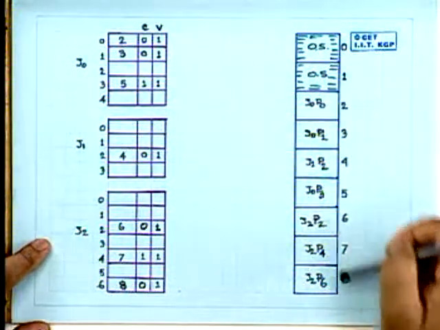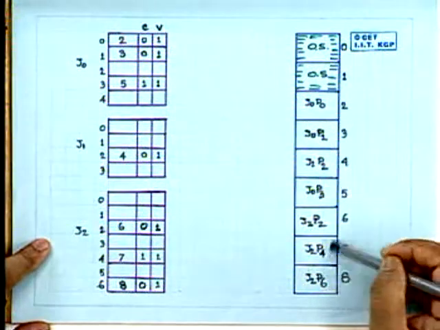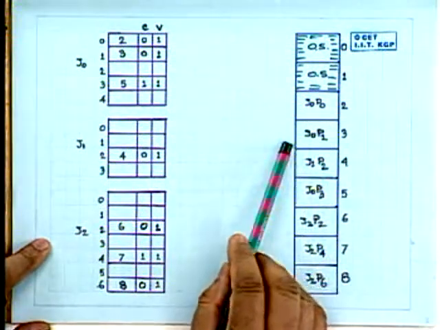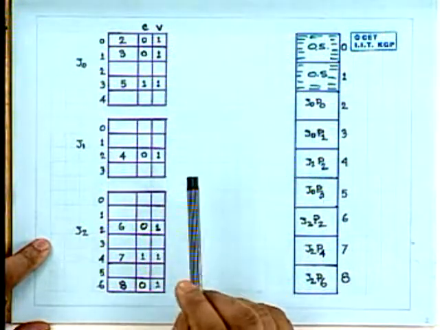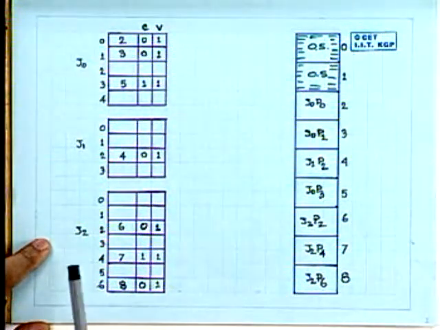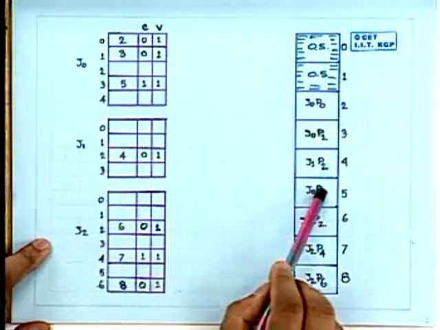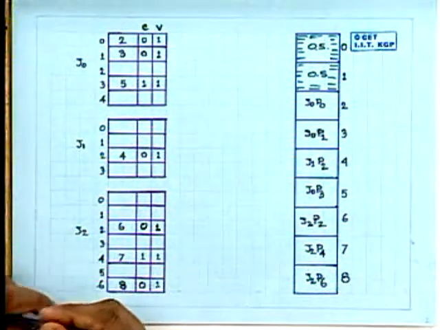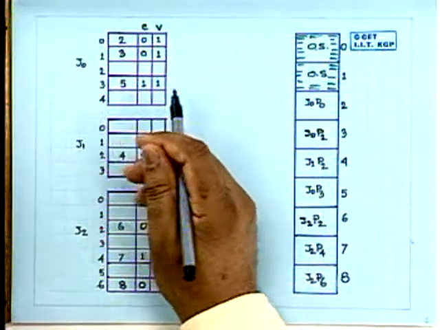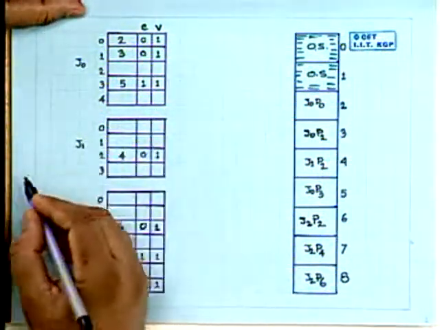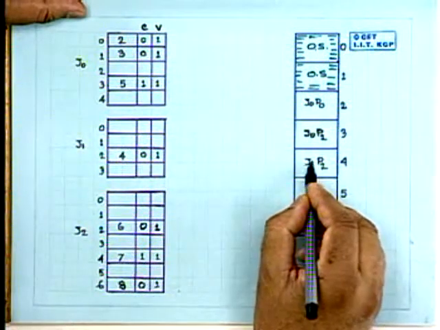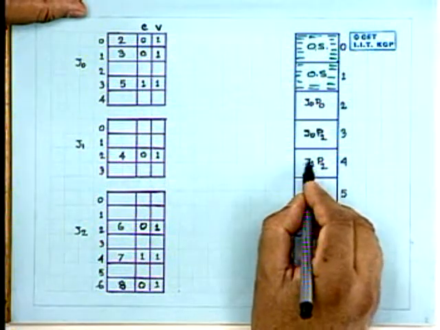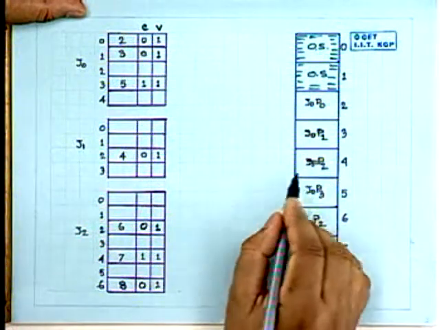We find a frame from where we swap out one of the pages of one of the jobs into the disk storage, and the required page of J1 is brought in here. For example, if page 0 of J1 is needed, maybe we decide that page 2 of job J1 will not be needed in the near future.